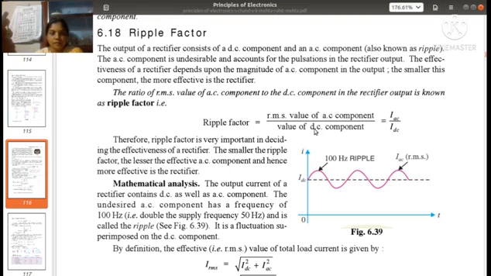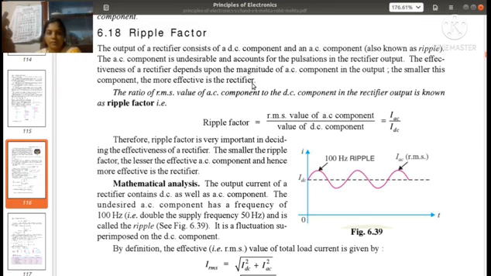The output of the rectifier consists of a DC component and an AC component, which is known as ripple. The AC component is undesirable and accounts for the pulsations in the rectifier output. The effectiveness of a rectifier depends upon the magnitude of the AC component in the output. The smaller this component, the more effective the rectifier.